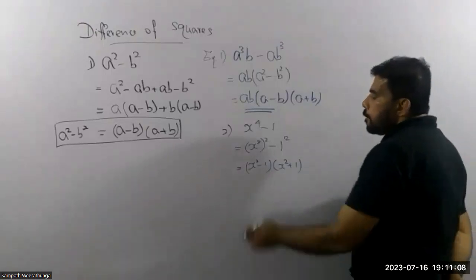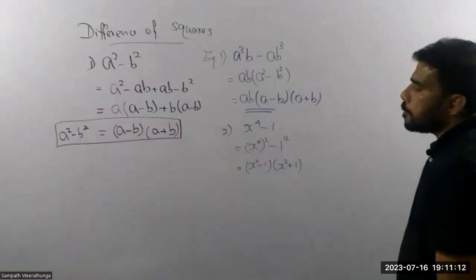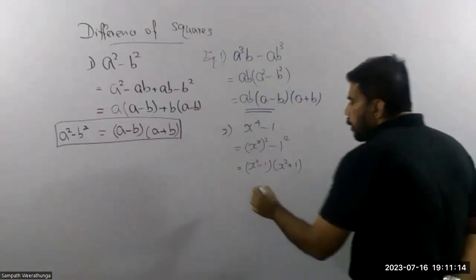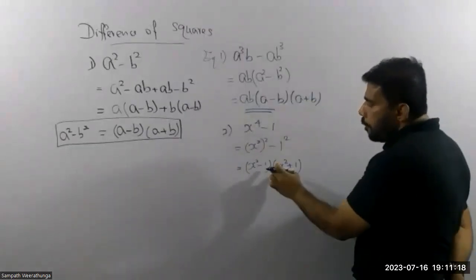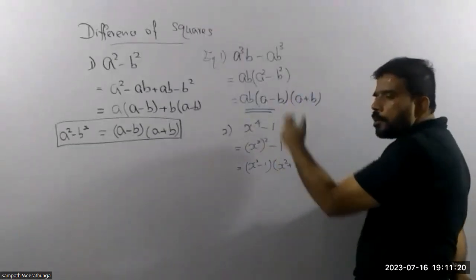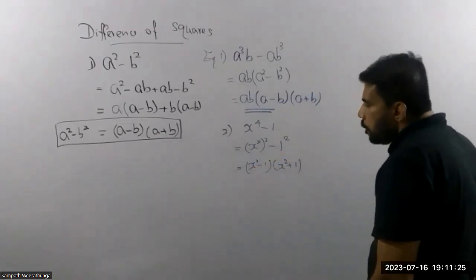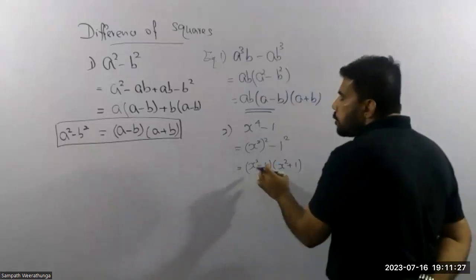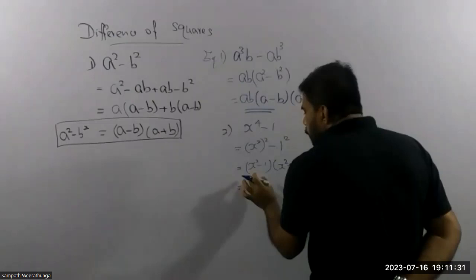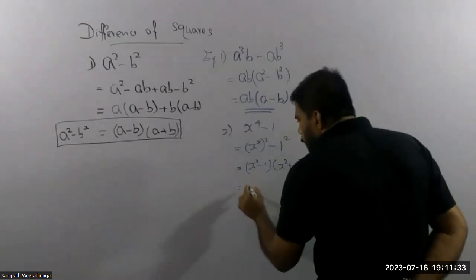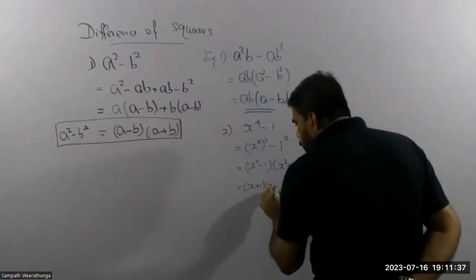as this again behaves like a difference of squares. Right, we know from the previous stage, 1 I can write with any index, but here the requirement is index 2. So by assuming that 1 is appearing as 1 into 2, directly I am writing this as two factors, that is x plus 1 and x minus 1.